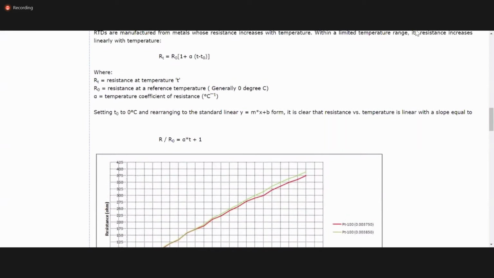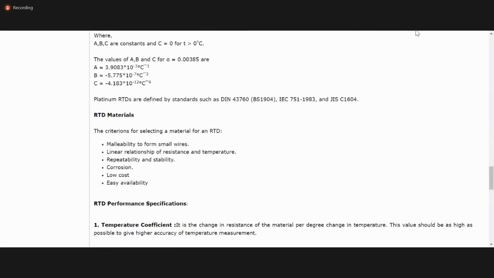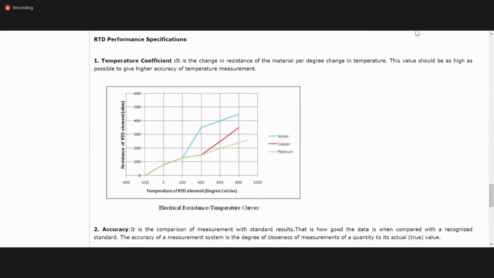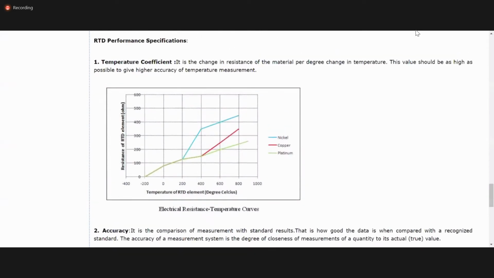See, if you have platinum, if you have copper, both metals, if you have a 10 centimeter copper metal rod and a 10 centimeter platinum metal rod, and if you keep those two metals at 100 degrees Celsius, before placing at 100 degrees Celsius, it has some resistance.